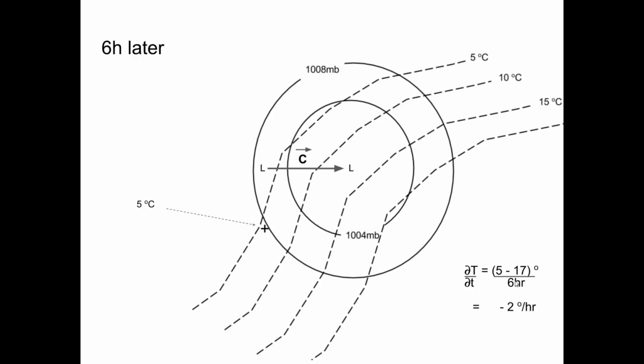And it dropped 12 degrees in 6 hours, so dT/dt in this case is -2 degrees per hour.